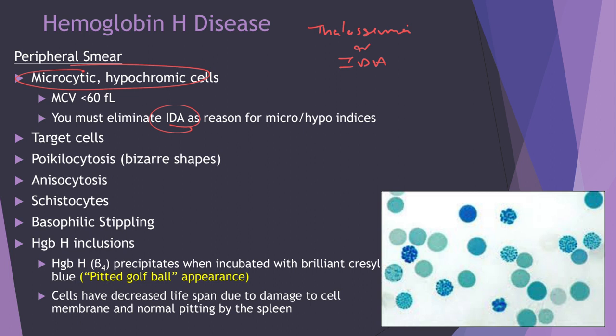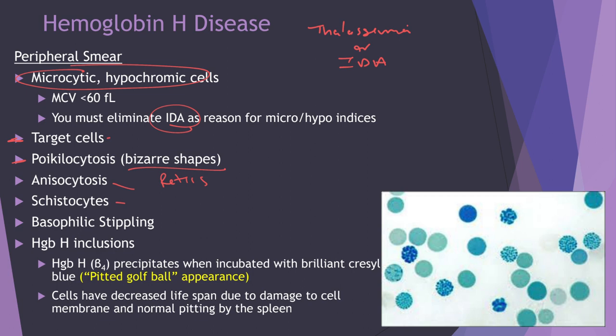All right, target cells. We're going to see poikilocytosis, all sorts of weird shapes, but not necessarily, other than targets and maybe some schistocytes, not necessarily any others that are very prominent. Okay, so we'll have that anisocytosis a little bit because our body is trying to spit out retics.